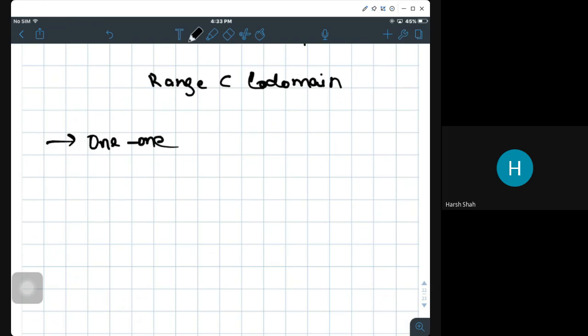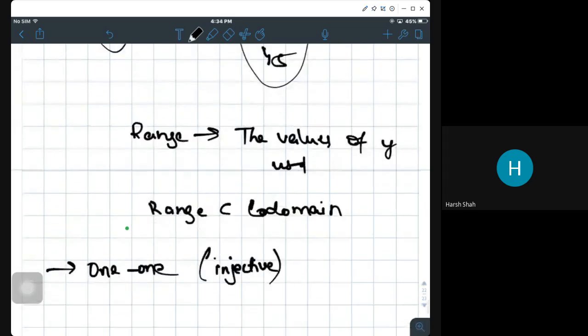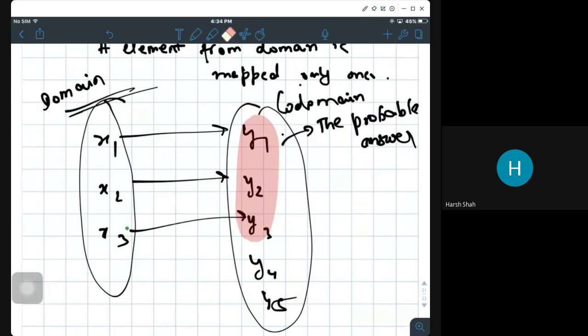Onto is the surjective one. What one-one says is, let's say I have this function, but instead of this, x3 is mapped to y2. This is possible. This is a valid function, right? Everyone agrees? Is this a valid function?